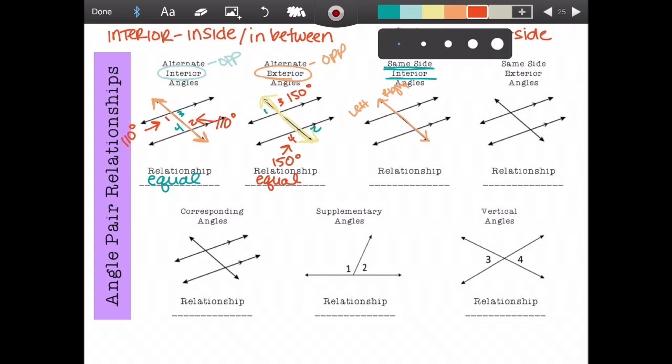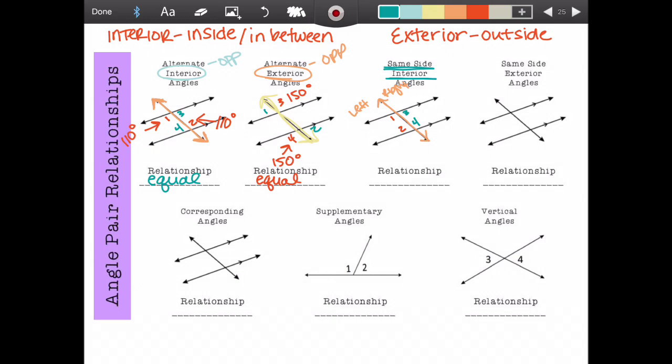A set would be angle 1 and angle 2, both on the left side of the transversal and in between the parallel lines. The second pair is on the right side, angle 3 and angle 4, both on the right side and in between the parallel lines.